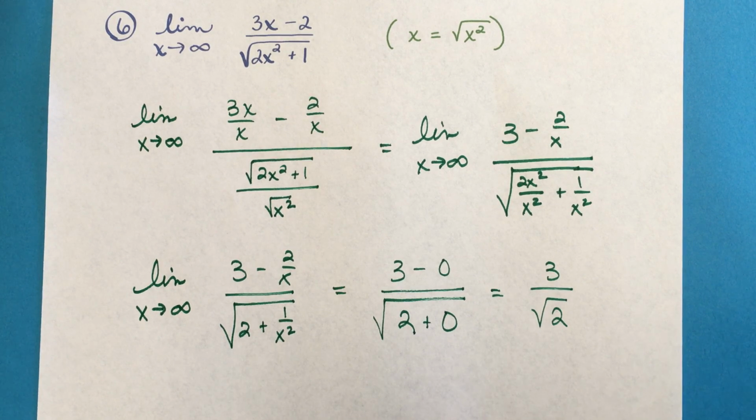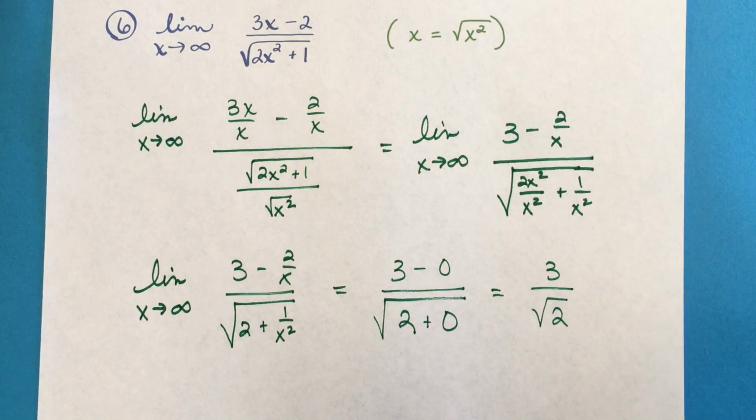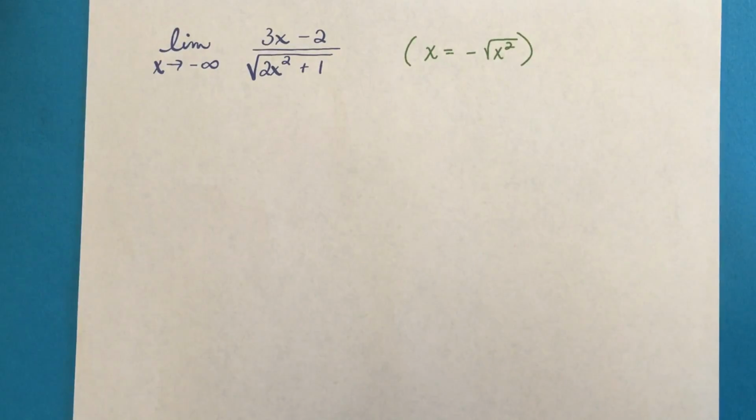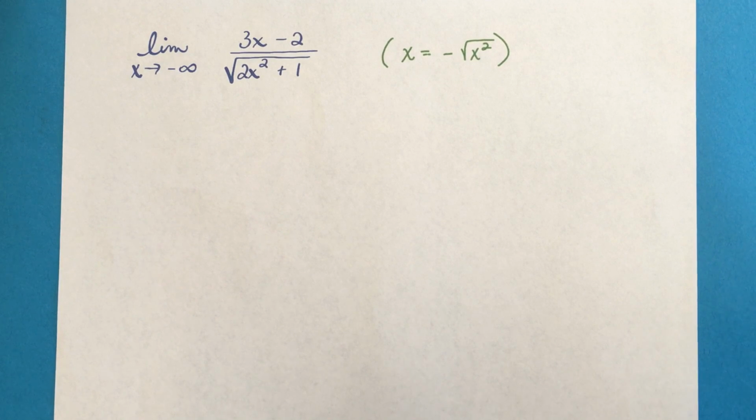Now, this one approached positive infinity, so let's see what happens as you approach negative infinity. In this case, because you're not dealing with a rational function, you're not guaranteed to have the same limit to the left as you are to the right.